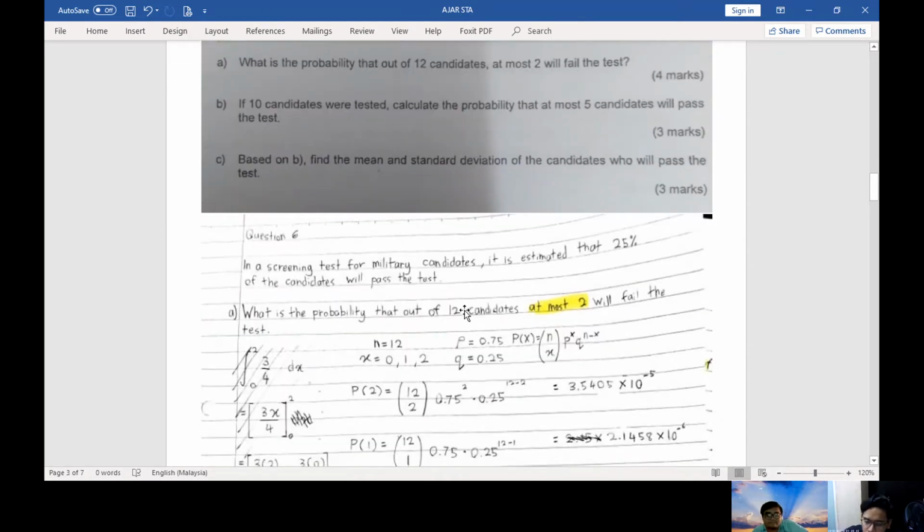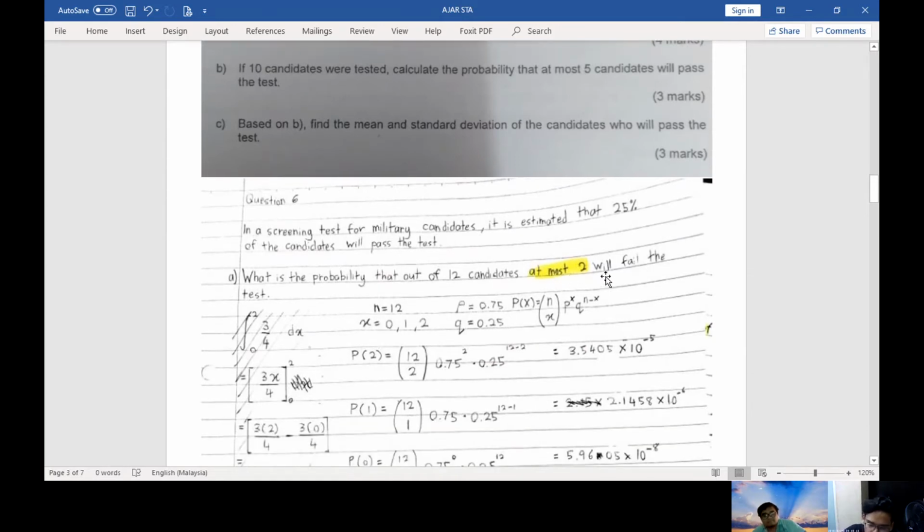So here we have 12 candidates, which is n is 12. So at most 2, that will be 0, 1, and 2, because we need to find the probability for 2, 1, and 0. So we need to sum it all. So our P is 0.75, because this is the successful rate for candidates who will fail the test.